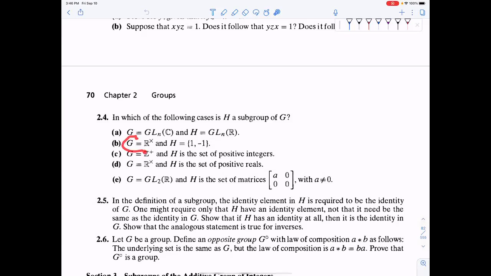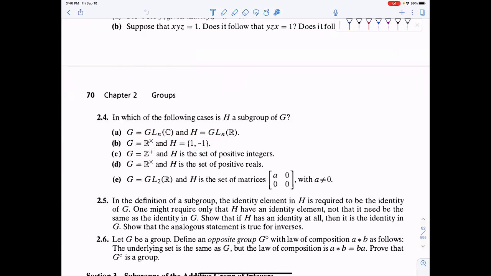Yes, so here this is multiplication and H is a subset, but they're asking you to show that this is a subgroup using this operation, the larger group's operation. You don't define any new operation on the subgroup. But what would be the operation for that subgroup on general linear? It's the same, it's matrix multiplication.